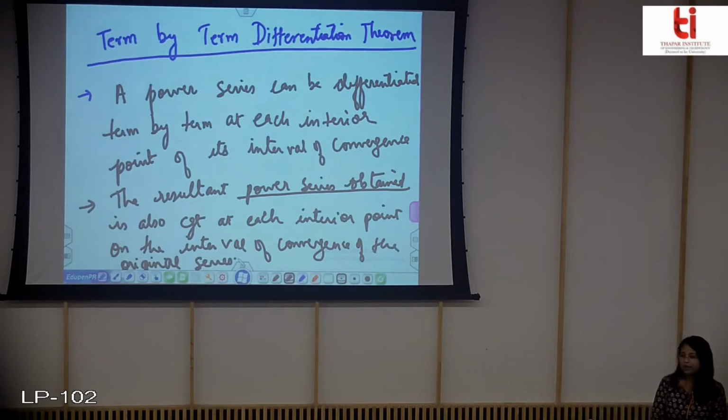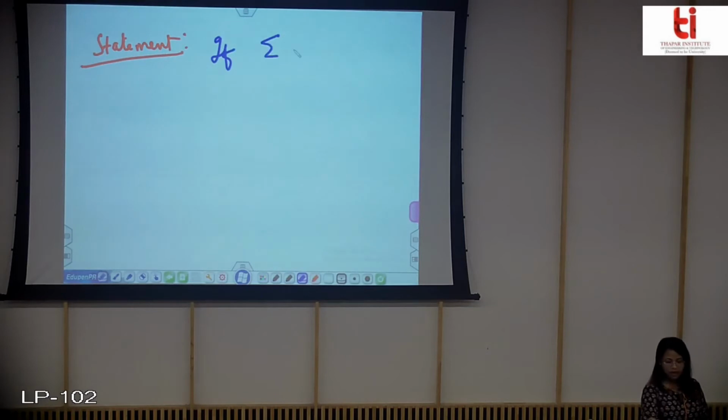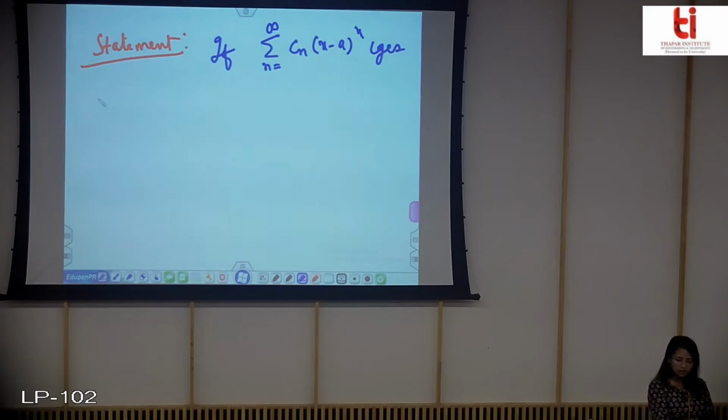What do we mean by term by term differentiation? So let us write the proper statement for this theorem, the term by term differentiation theorem. Now suppose you have a series, a power series, because it has a power of the variable x.